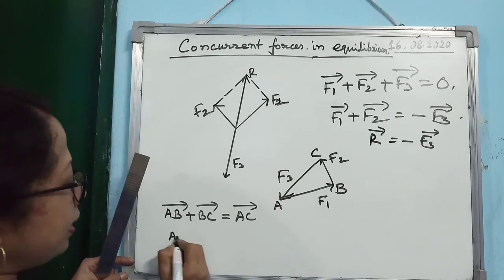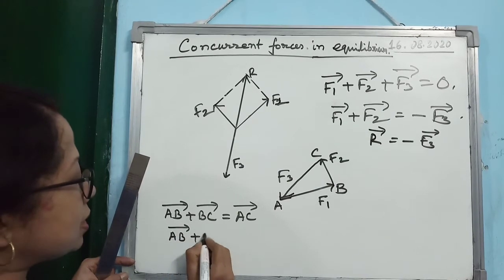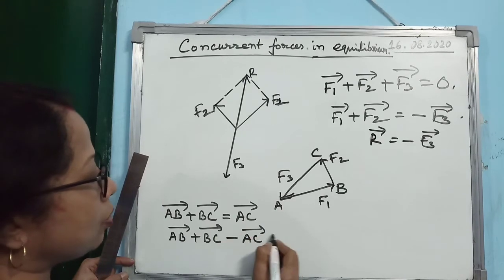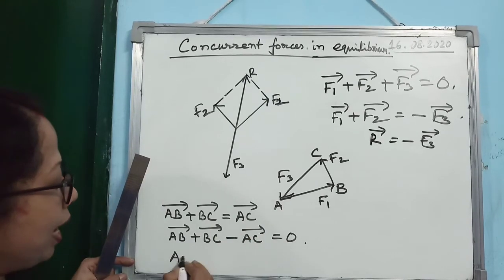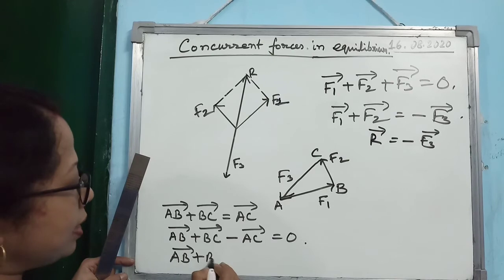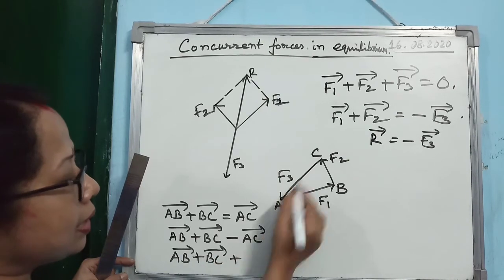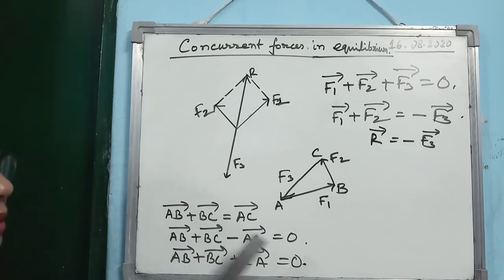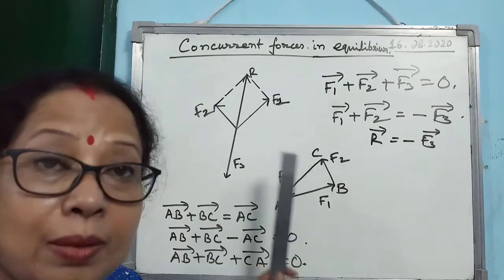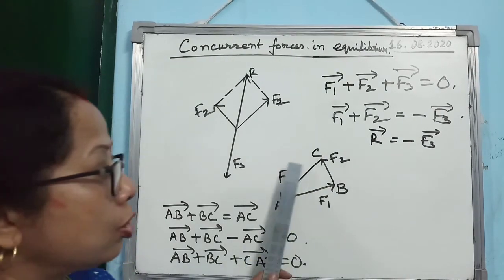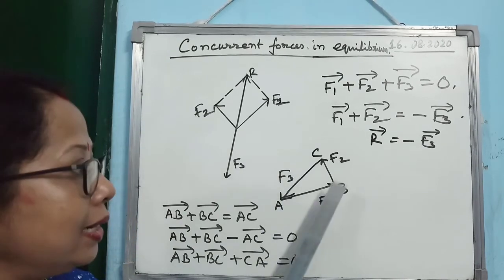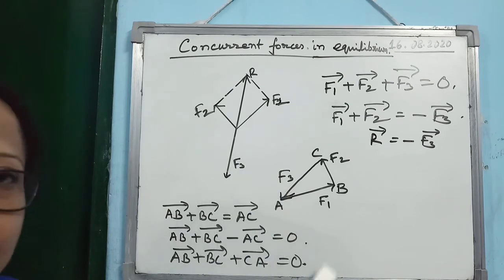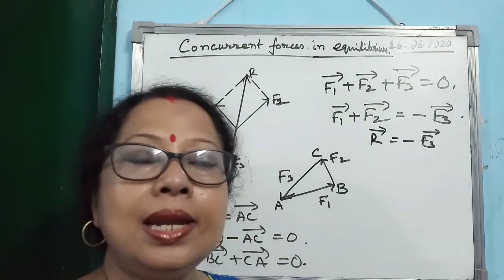Now you can write AB plus BC minus AC equal to 0. Now minus AC means what? Minus AC means nothing but CA. Alright, means if the three forces represent three sides of a triangle in magnitude and direction taken in the same order, then the body will be in equilibrium.